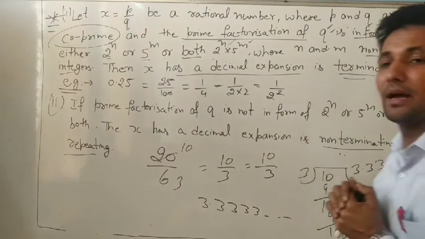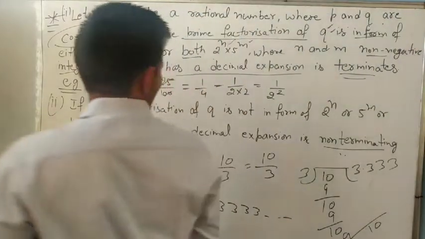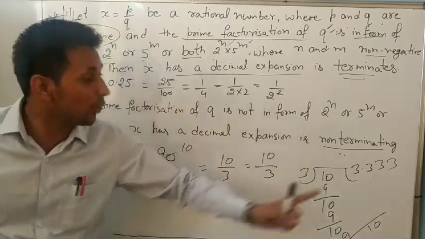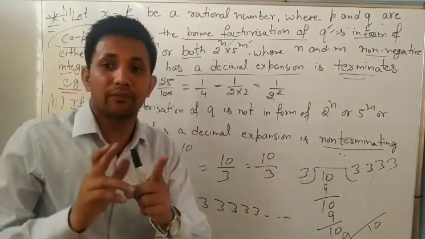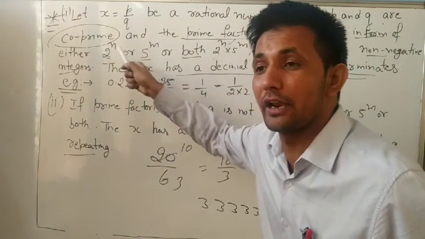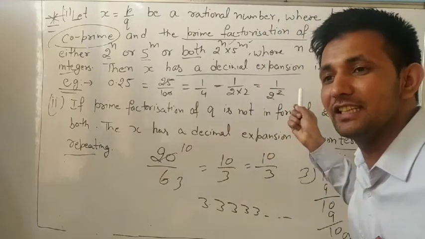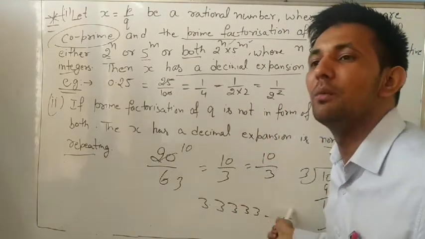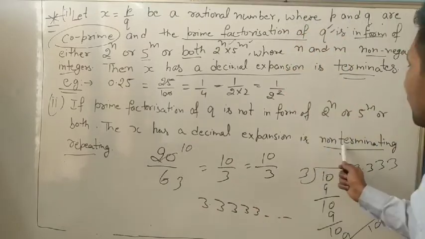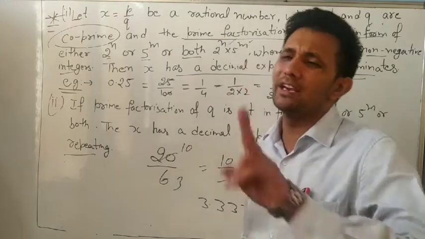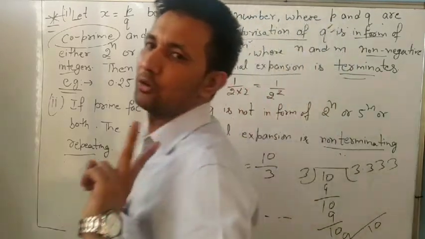How will you remember in simple language which number is terminating and which one is non-terminating? If the denominator is in the form of 2 or 5, then it is terminating. If 2 and 5 are not included, we will say that it is non-terminating repeating. Understand? Only two simple things you have to remember.